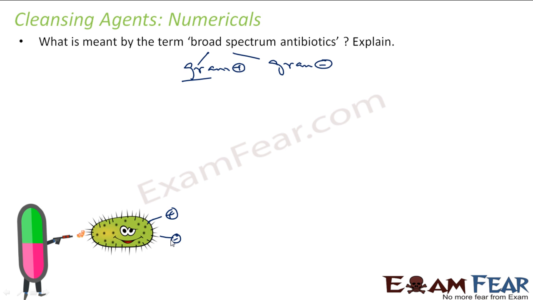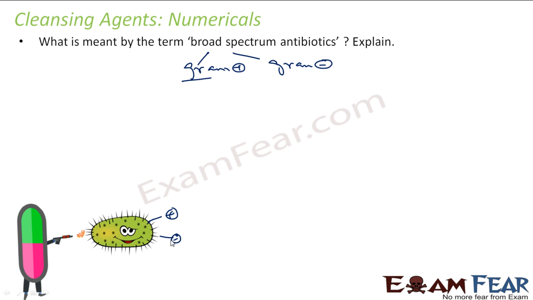Gram positive bacteria are stained dark blue by gram staining, but gram negative bacteria cannot be stained because they cannot retain the crystal violet stain. That is the broad spectrum antibiotic.